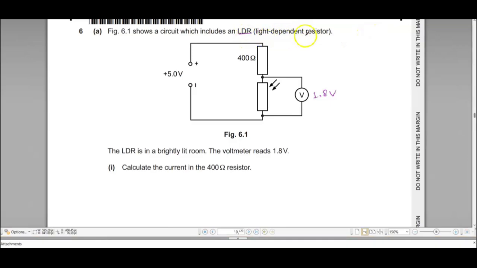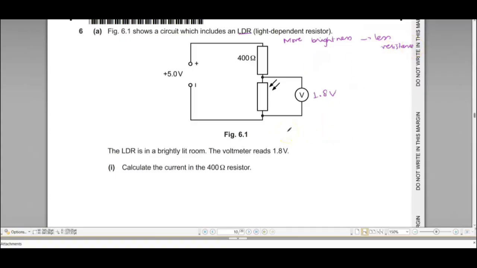So LDR is a light dependent resistor, so it depends on the light. The more the brightness of light, the less will be its resistance, and vice versa.